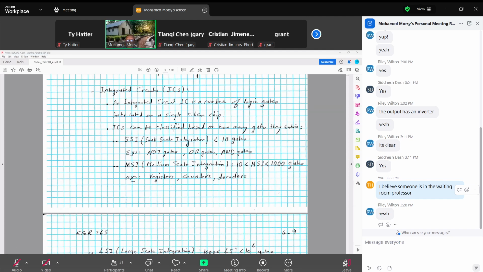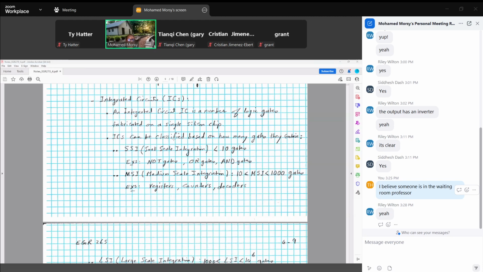For the lab, when we did the lab, we did the OR gate, the AND gate, the NOR gate, and the NOT gate. Inverter, we did the lab for the inverter to verify the function of the NOT gate, to verify the function of the AND gate, to verify the function of the OR gate.